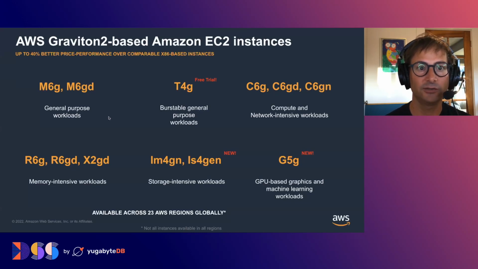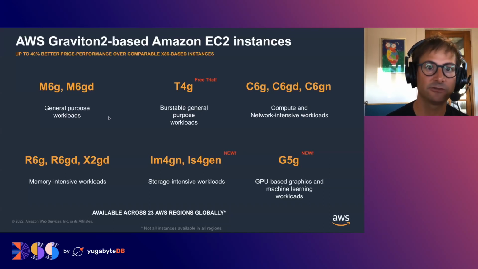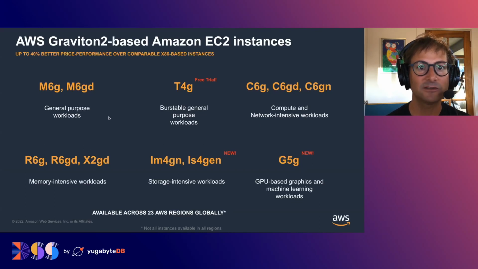They are utilizing our Nitro SSDs, which are another piece of silicon designed by AWS that has been specifically optimized with a pretty consistent latency when doing I/Os on those SSDs.